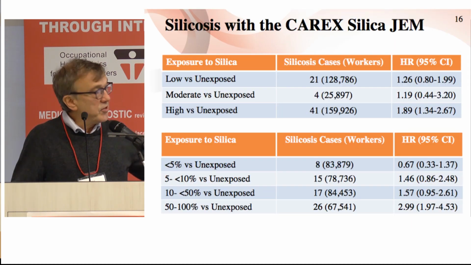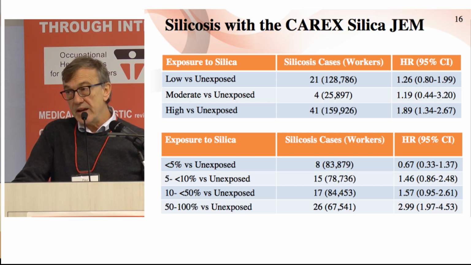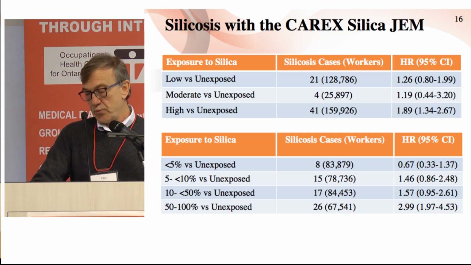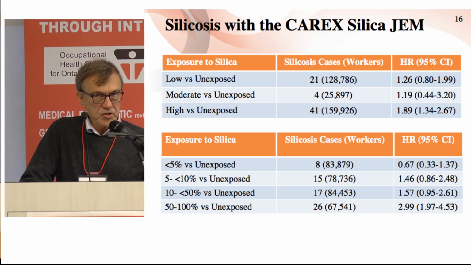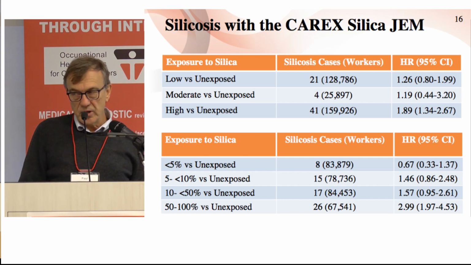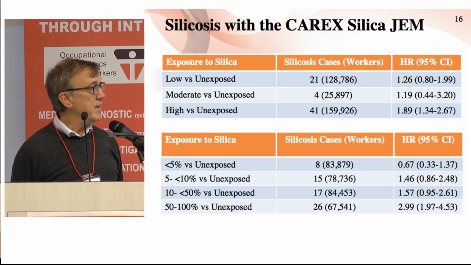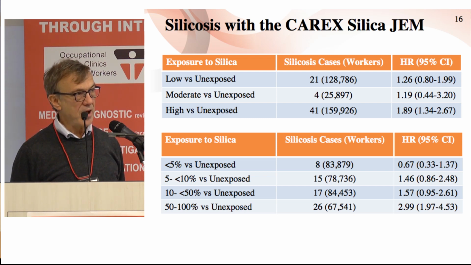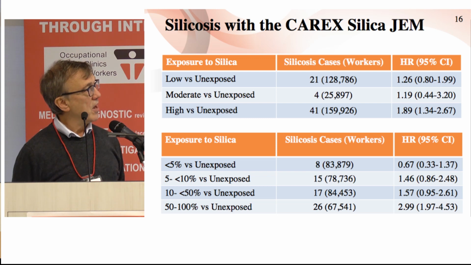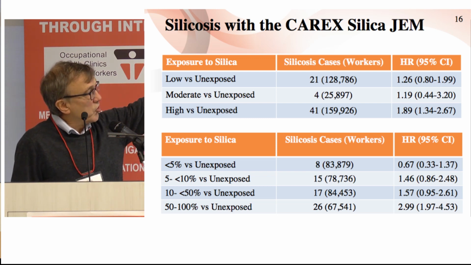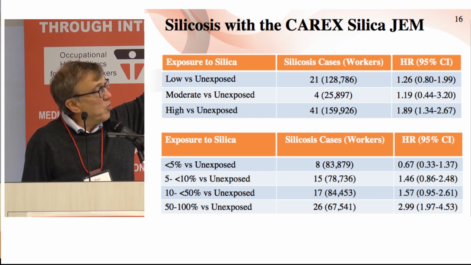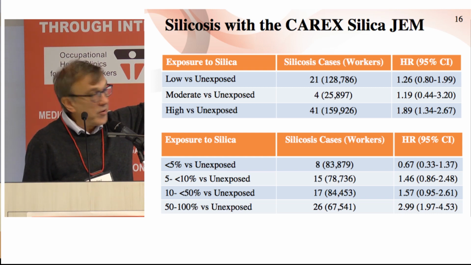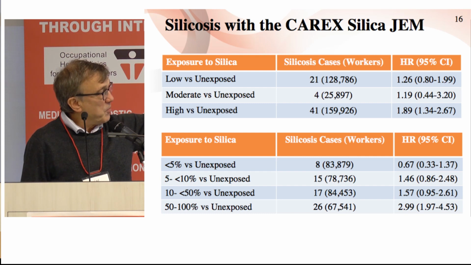One of the things we've been trying to apply to our data, using an approach that we're getting assistance with from the CAREX project that we worked very closely with, is really trying to classify jobs according to their potential for silica exposure. These jobs are classified either by probability of exposure, being low or moderate or high, or the percentage of people exposed to crystalline silica.